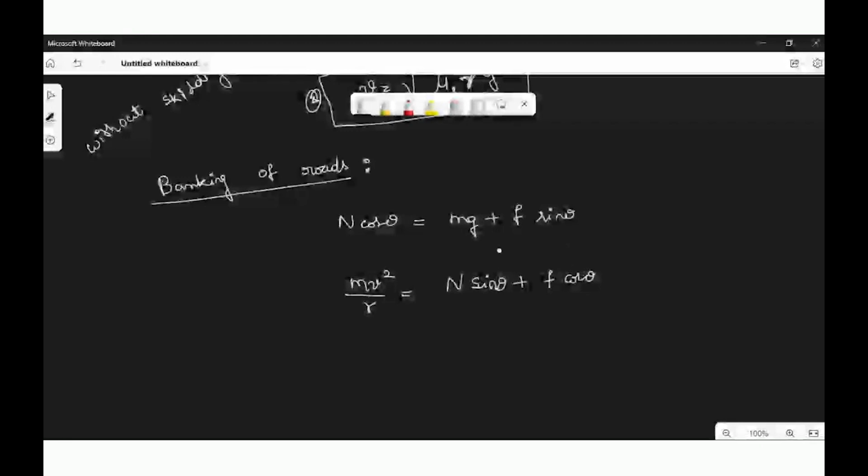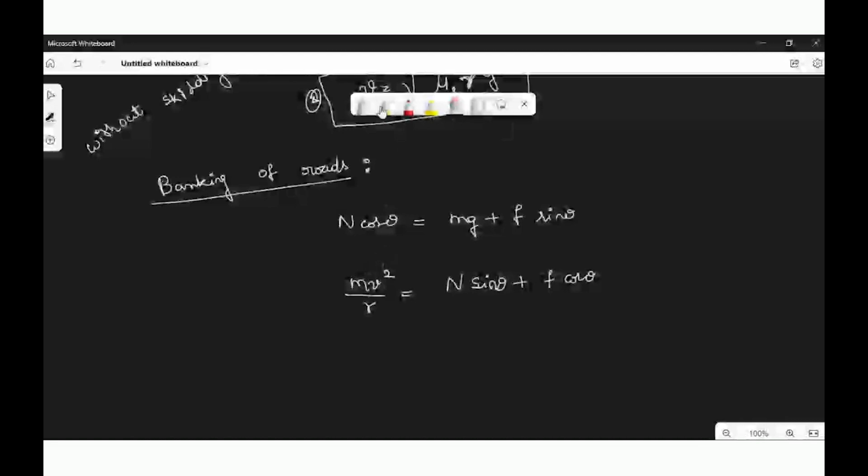Correct? Yes, sir. See here, we have got two equations. At the end we want an expression for v square, or v, the safe speed.